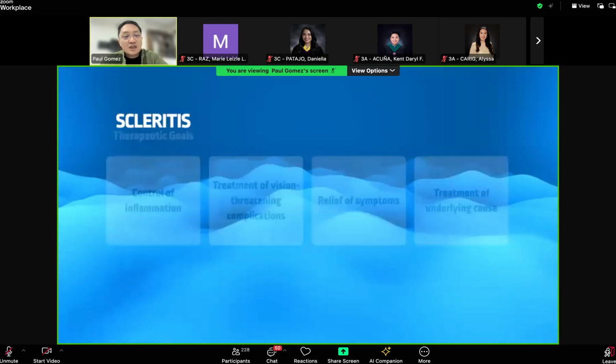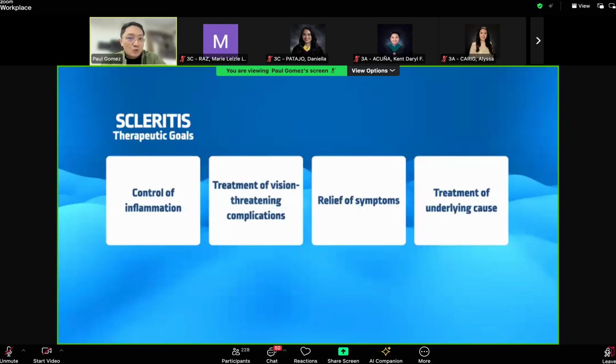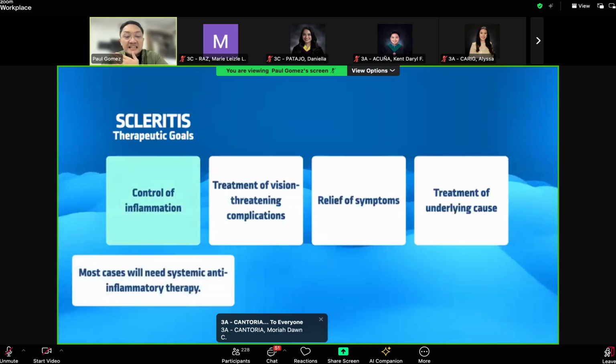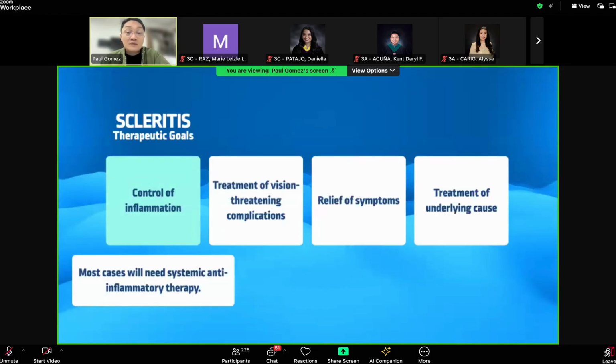And similarly, for the therapeutic goals, we have to go back to the four pillars of therapeutic goals in uveitis. But what's a little bit more peculiar in this is that you will need systemic anti-inflammatory therapy in these patients, as topical steroids most likely will be inadequate.